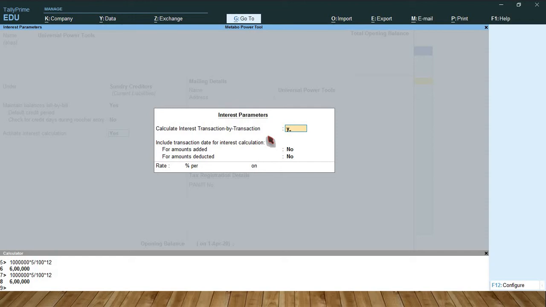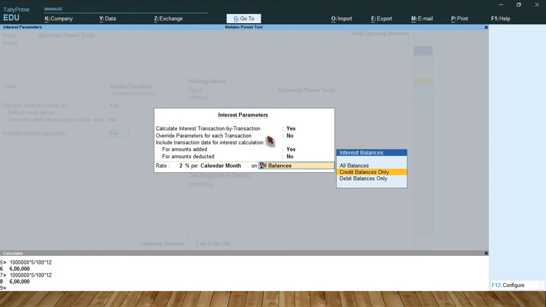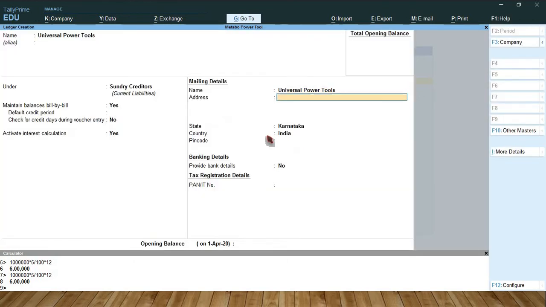So that's why you have to set here, calculate interest transaction by transaction, yes. Override parameter for each transaction, no. For amounts added, set to yes. For amount deducted, no. So interest rate is 2% per month. So select calendar month. So select credit balances. So supplier balances always showing credit balance. Accept.